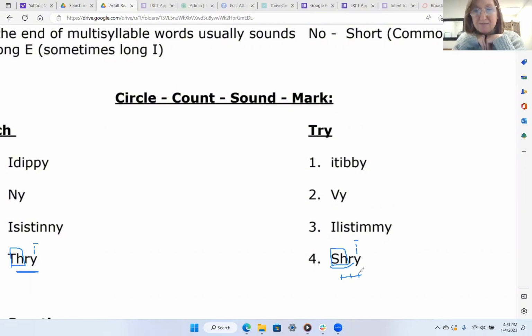Try. Kind of hard. It's the same first sound as in shrill. Try. Yeah. Any questions on those before I jump down to the extra practice?